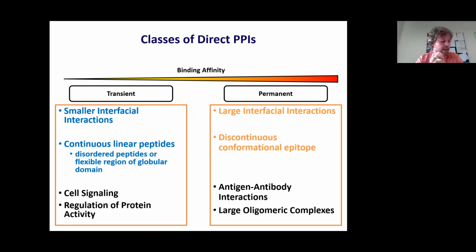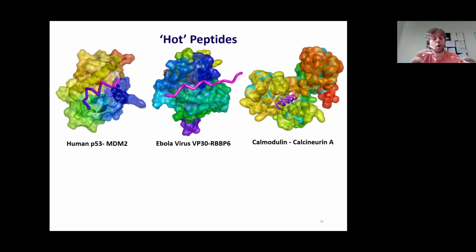There's a lucky shortcut available because the protein-protein interaction is mediated by a linear peptide. You can isolate that single peptide, and when it interacts with the partner protein, it will tend to go back to the conformation it would have as part of the protein-protein interaction. And these protein-peptide interactions are used as a model for protein-protein interactions.